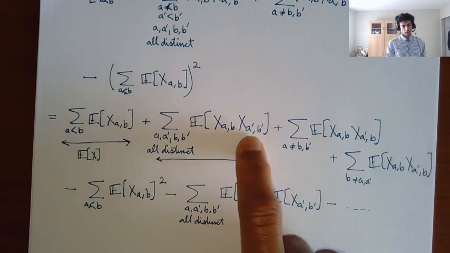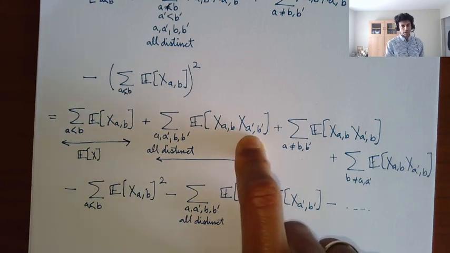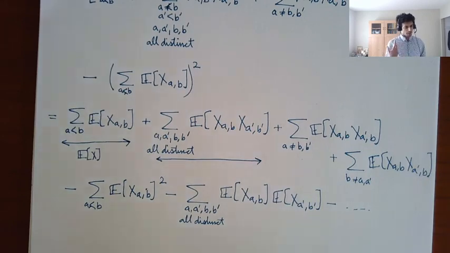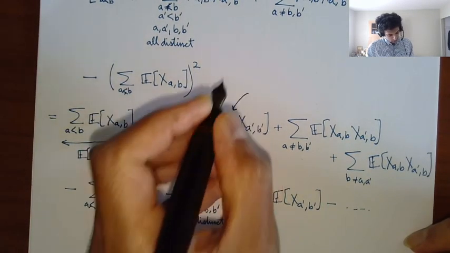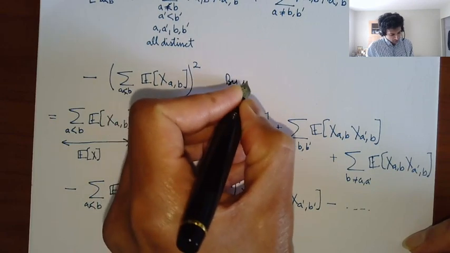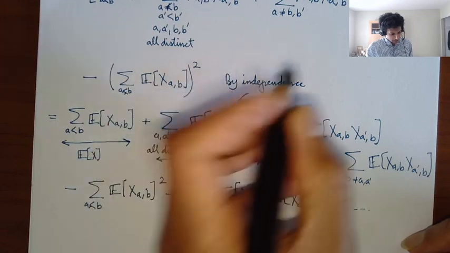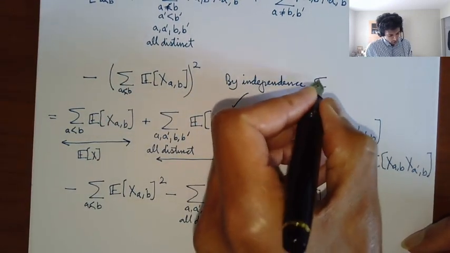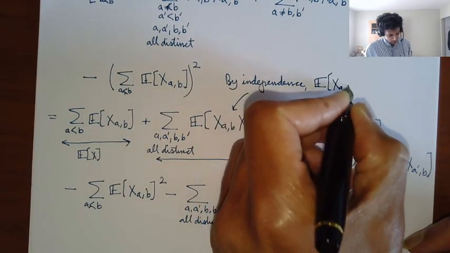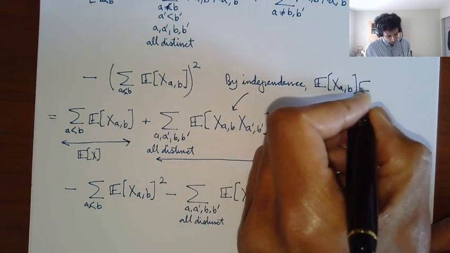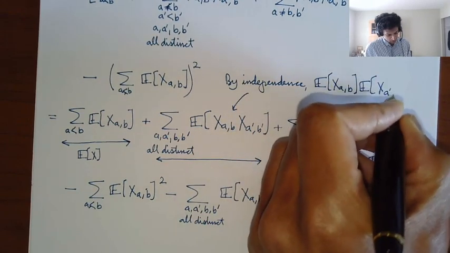The event of A prime and B prime ending up in the same bin has exactly the same distribution, and these are independent. So by independence, we can write this out as the expectation of XAB, expectation of XA prime B prime.